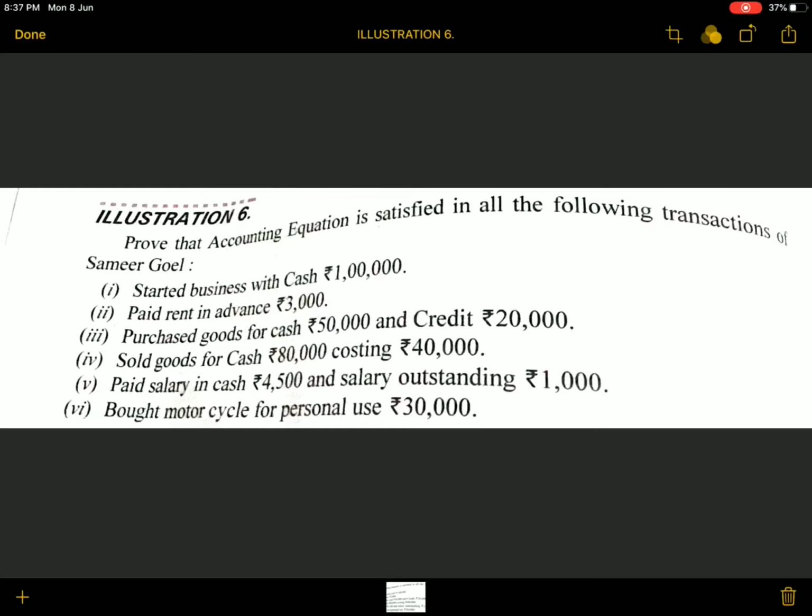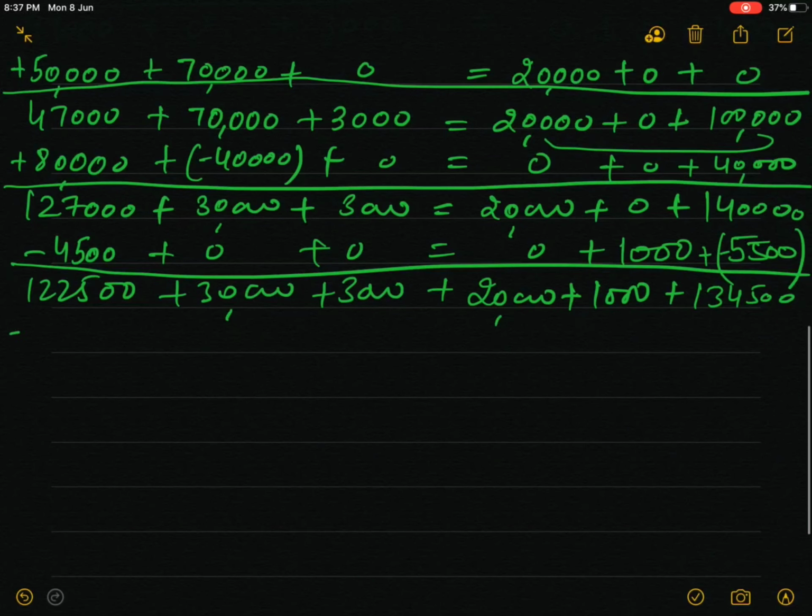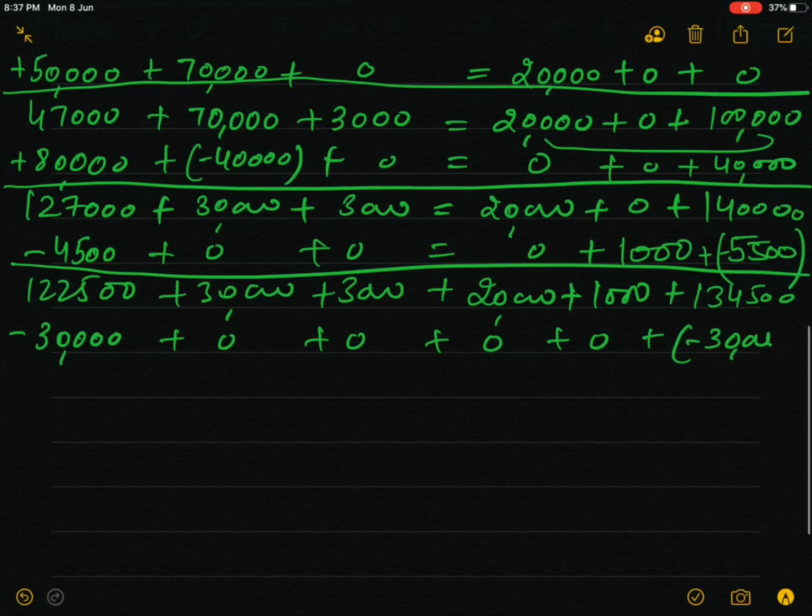Personal purpose means drawing, and it will be minus from the cash as well as the capital. 30,000 minus from the cash, no effect, no effect, no effect, no effect, but from the capital also.